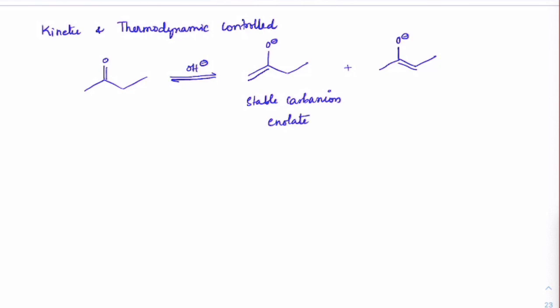Got it? But if you see the overall alkene between this and this, which is more stable, this one is more stable. So alkene-wise, the alkene is less stable here while the alkene is more stable here.